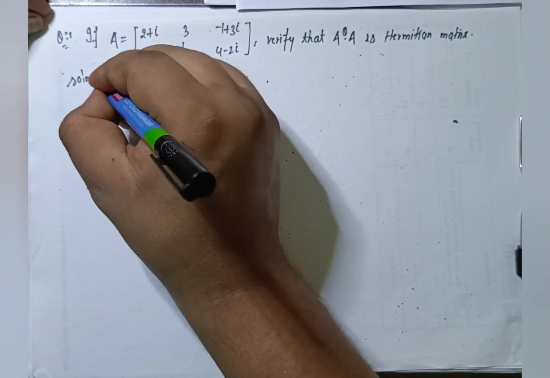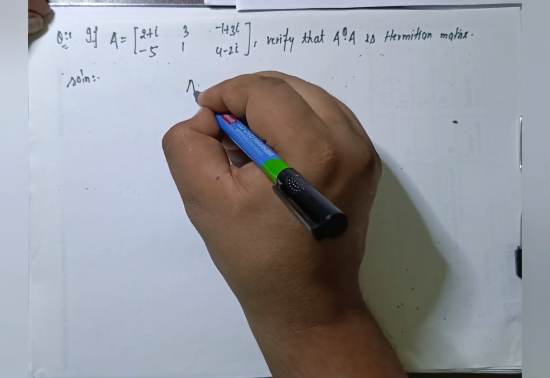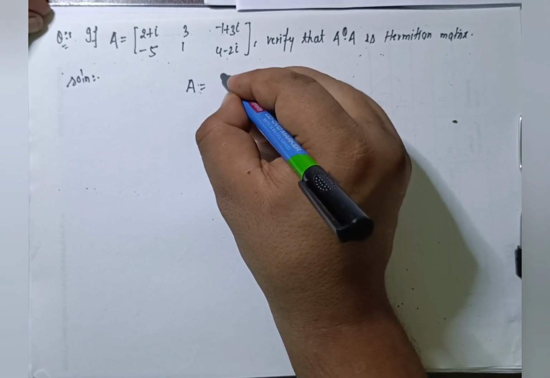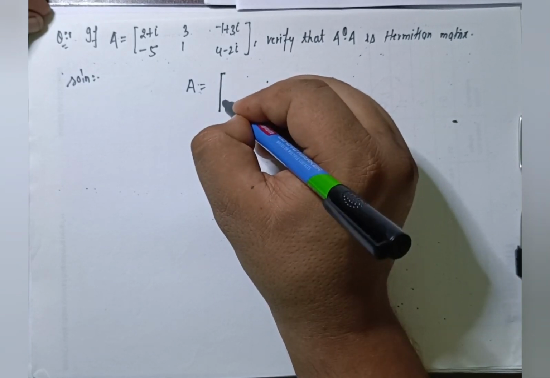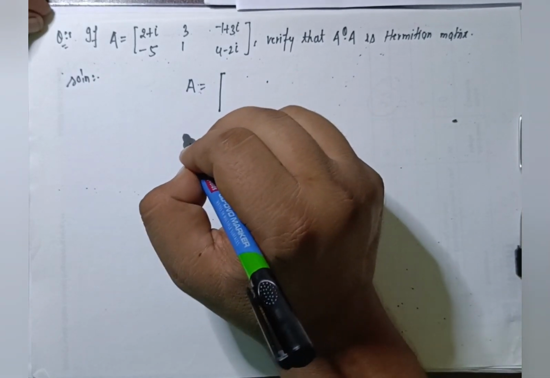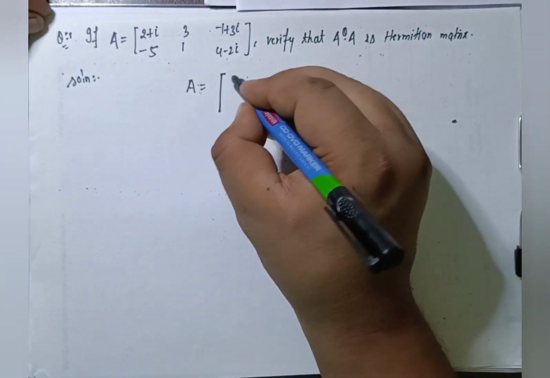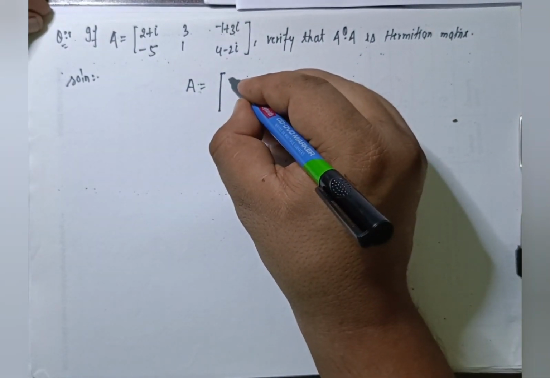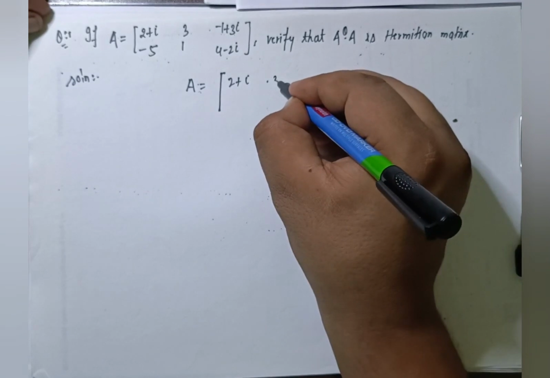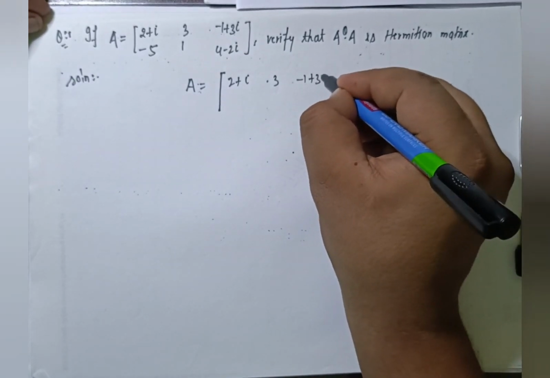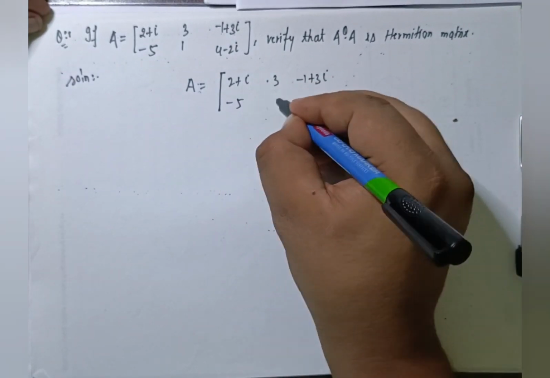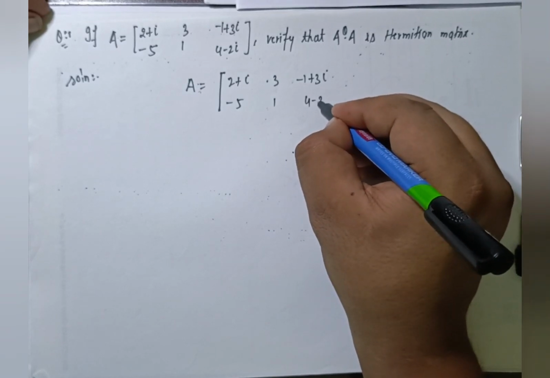We have the given matrix A equals 2 plus iota, 3, minus 1 plus 3 iota, and minus 5, 1, 4 minus 2 iota.